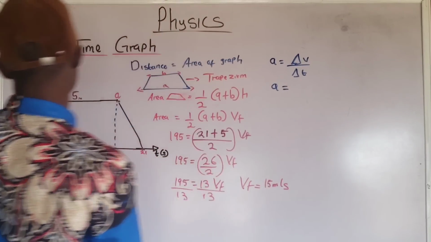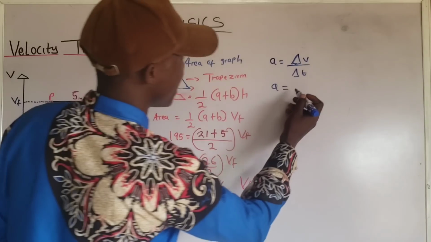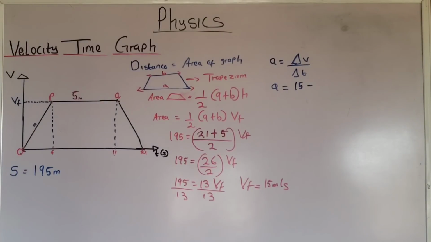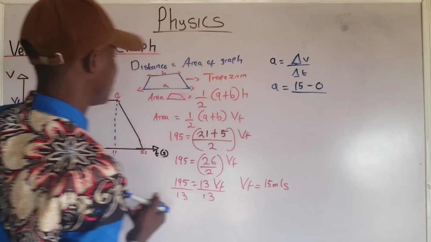Vf minus V initial, that is change in velocity, the difference between the final velocity and the initial velocity. The final velocity is 15 meters per second. So here I'm going to have 15 meters per second minus the initial velocity, which is 0, all over change in time.